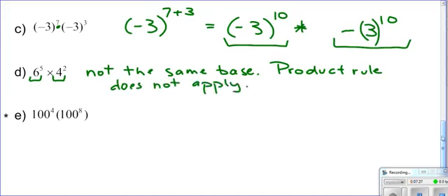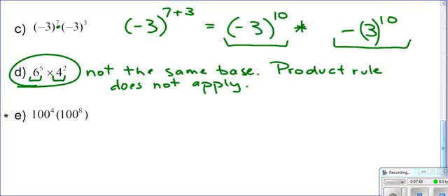So other than finding out what is 6 to the power of 5 times 4 to the power of 2, we really can't do much else. And so the example asks us to put them as a single power. Well, this is it. That's as far as we can go. We can't reduce any further using the product rule because the bases aren't the same.